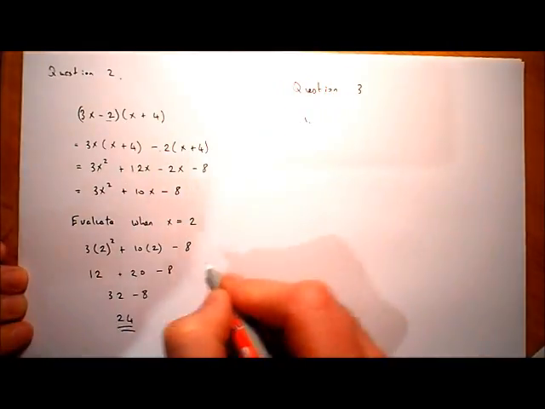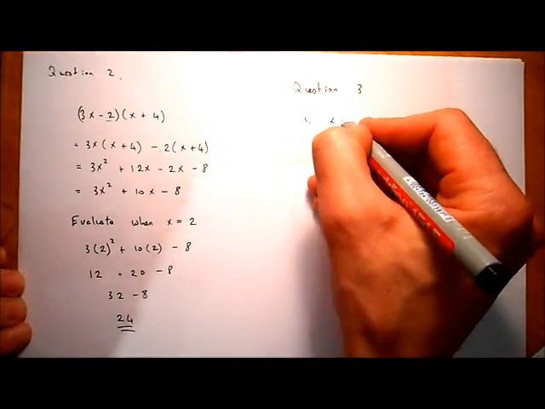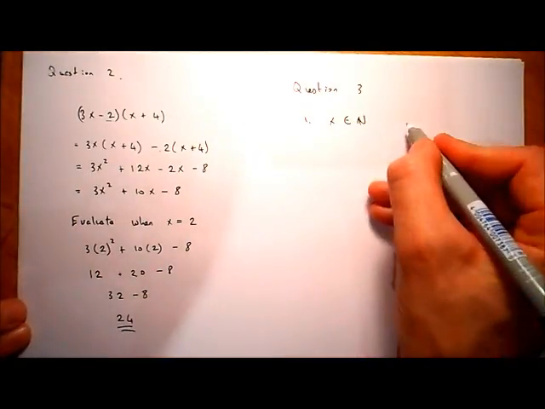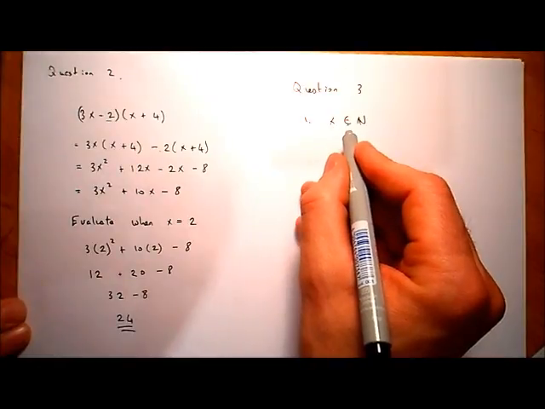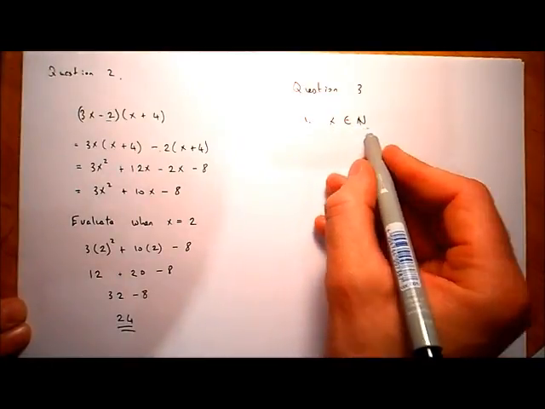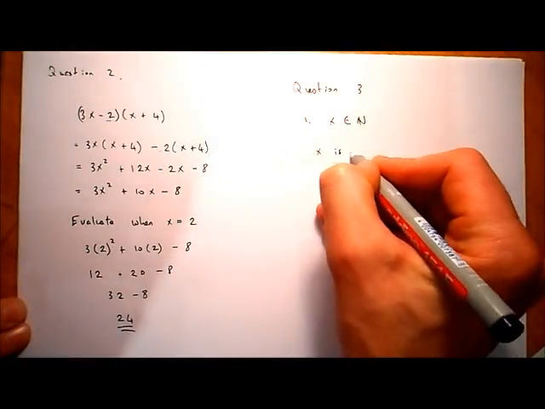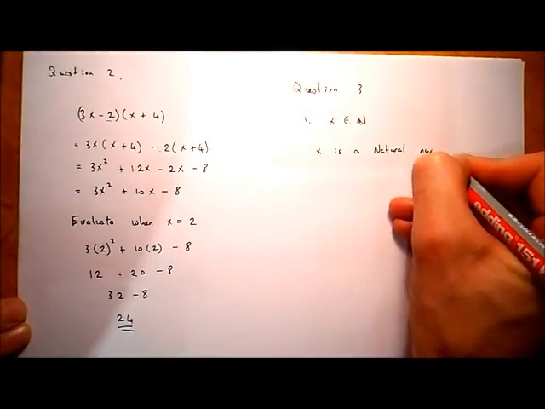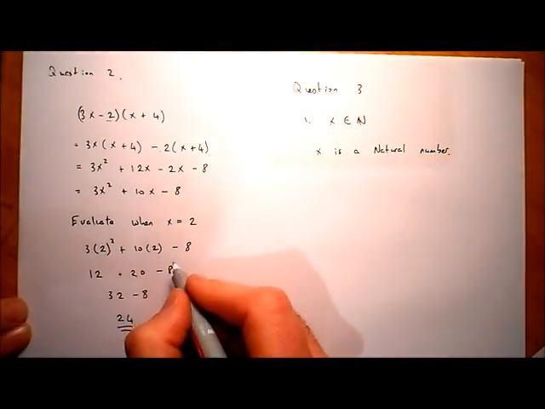So the first part, we're given this statement here, this mathematical sentence, and we have to say what this means. So this just means, well, x is a, so this e symbol means is an element of, and the N symbol is the natural numbers. So this just means x is a natural number. We don't know what it is, but we know it's a natural number.